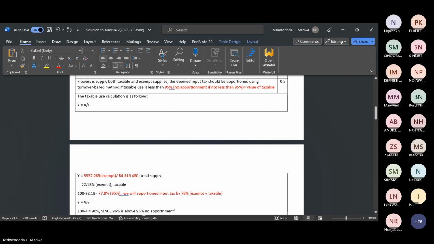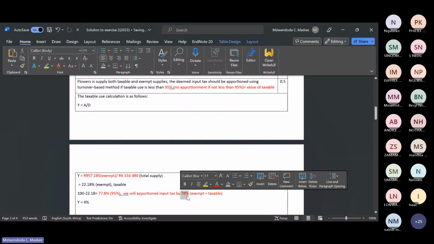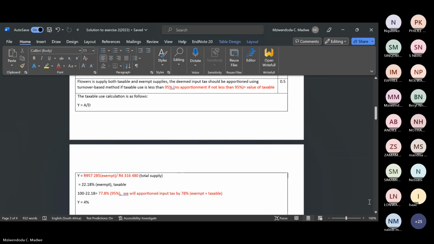If it was 96%, we don't apportion. We only apportion if this percentage is less than 95%. Once the percentage here is less than 95%, we apportion.